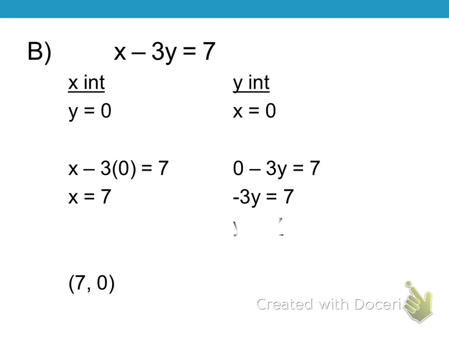Divide by negative 3. Don't make it a mixed number. Don't make it a decimal. Just leave it at negative 7/3. How will I write my final answer, though? (0, negative 7/3). Wonderful. What are your questions?